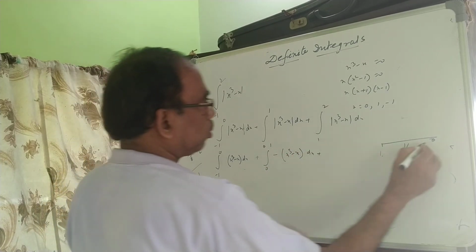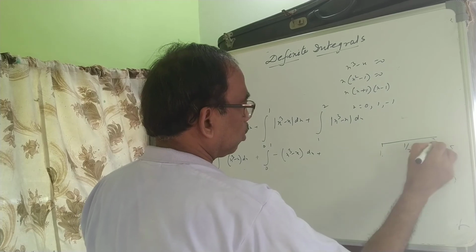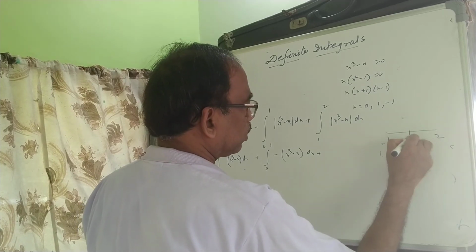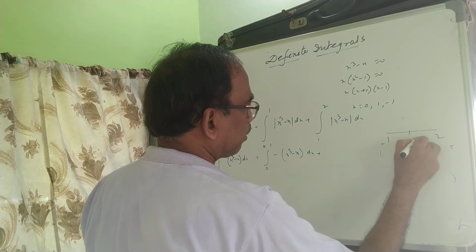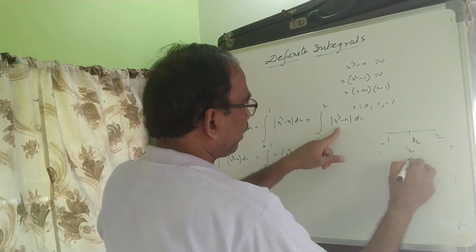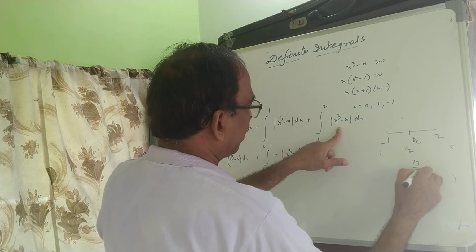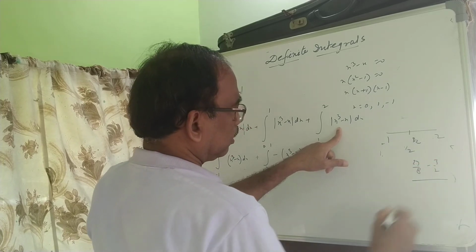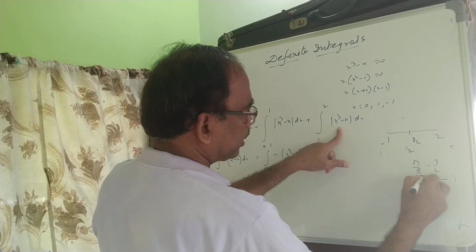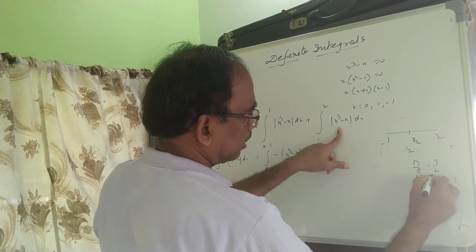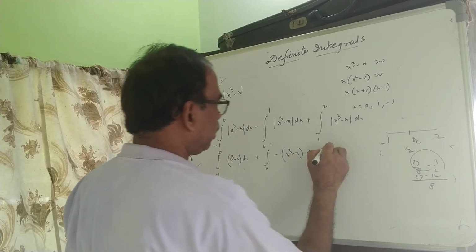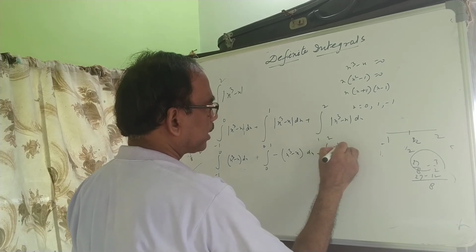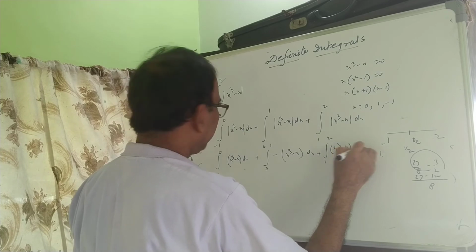Plus 1 to 2, within this suppose 3 by 2. So 27 by 8 minus 3 by 2, where 8 is the LCM, 27 minus 12, that is positive. Therefore, if you remove the modulus, this will be positive: 1 to 2, x cube minus x dx.